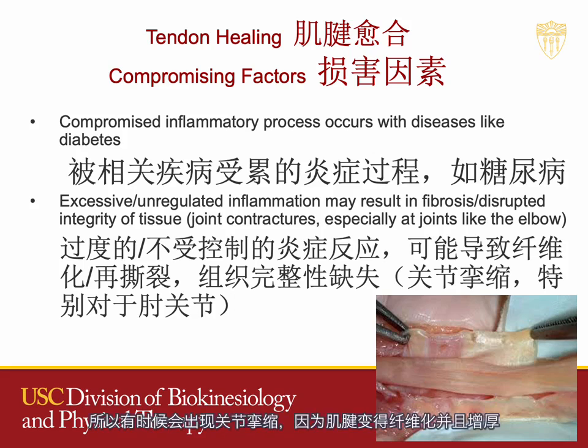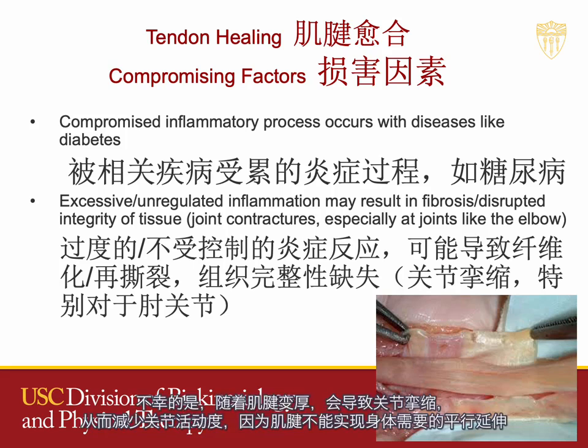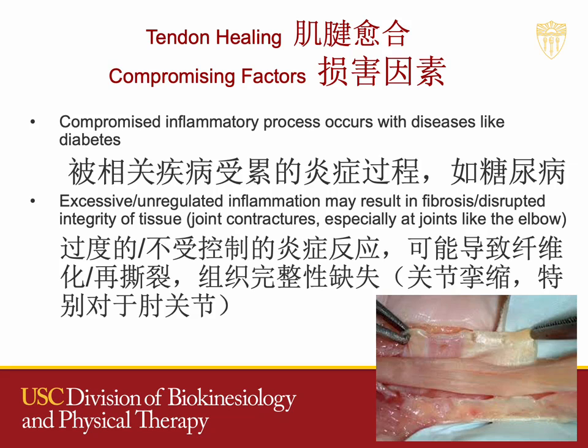So sometimes what happens is we actually get joint contractures because the tendons become very fibrotic, so very thickened. And unfortunately, with the thickened tendon, it can then lead to joint contractures, decreased range of motion at a joint, because that tendon wasn't able, again, to find that nice parallel elongation that we need in a tendon.